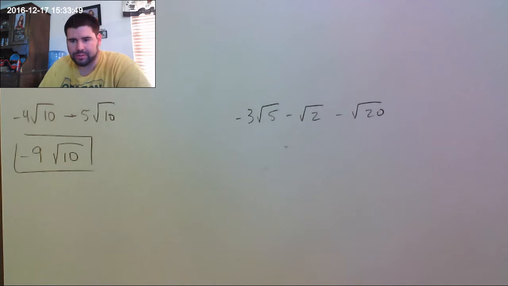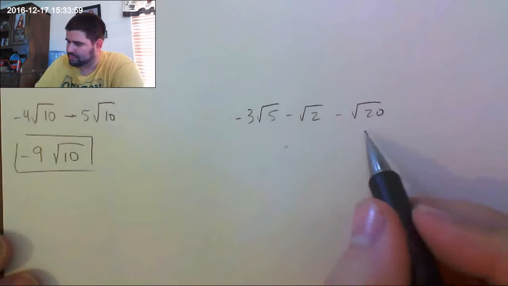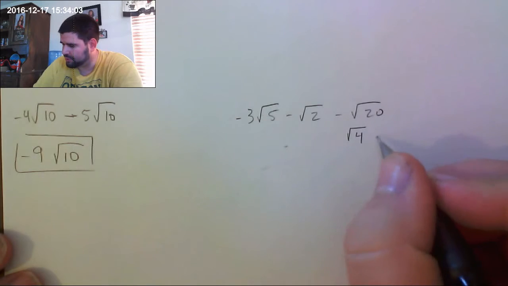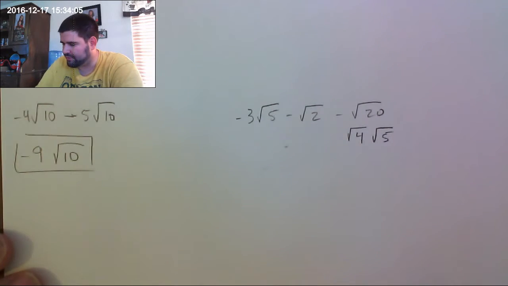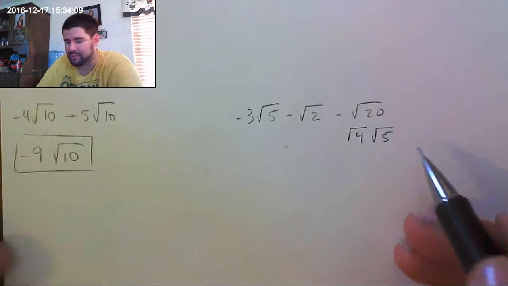And so what I'm going to do there is just take a look at it and see what we got here. So we got square root of 20, that's going to be the square root of 4 times the square root of 5. Hey, look, square roots of 5. So maybe that's going to be something we can do together.